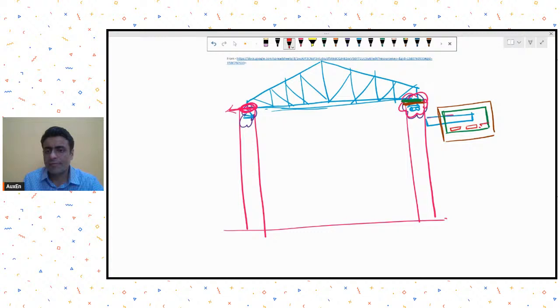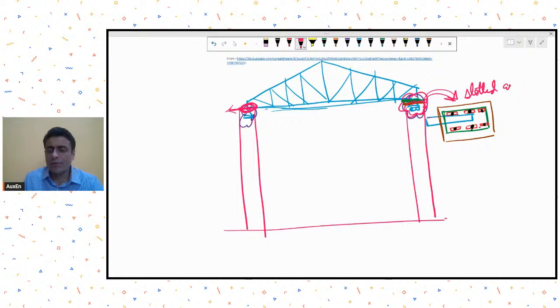Is it clear? Now this slotted hole will be made in the upper plate, and the bolt will be like this, which is connected to the bottom plate. So what is happening is that, because we wanted to have a roller like assembly, we have provided this type of slotted hole arrangement.